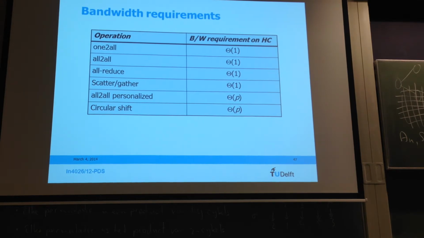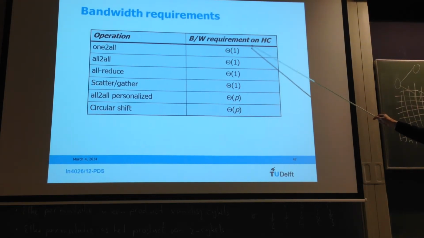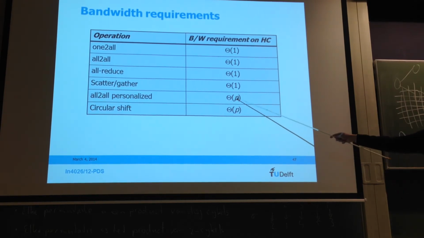The bandwidth requirements of these operations, which I've summed up for a hypercube, are order 1 for one-to-all, all-to-all, all-reduce, and scatter, and order P for all-to-all personalized and circular shift.